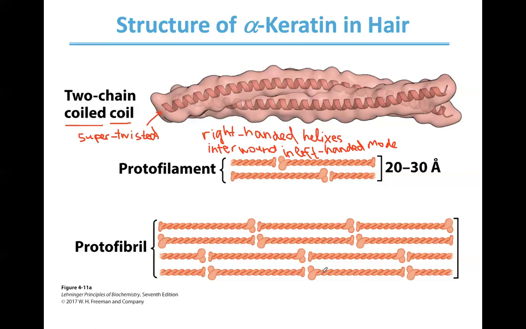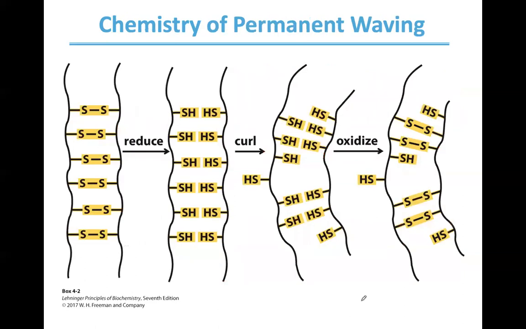So intermediate filaments are responsible for the shape of the cell, for the change in the shape of the cell, and the strength. So the cell can adopt a particular shape and not easily change that shape, and withstand various osmotic pressures. All right, so this is keratin.